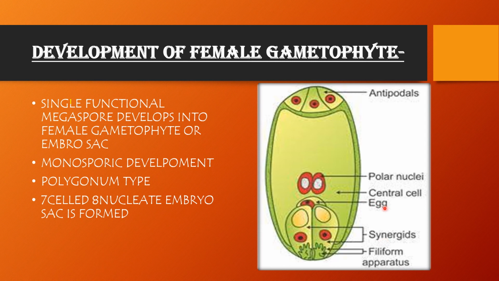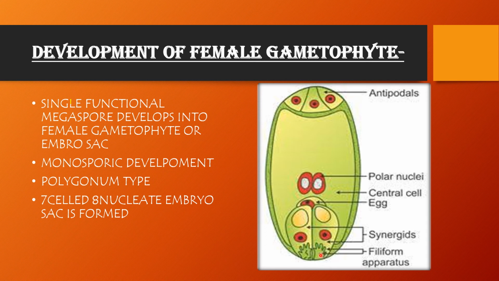Combined, the egg and synergid cells are called the egg apparatus. The centrally located nuclei are called polar nuclei, and this bigger sized cell, called the central cell, has 2 nuclei. Those nuclei are called polar nuclei.